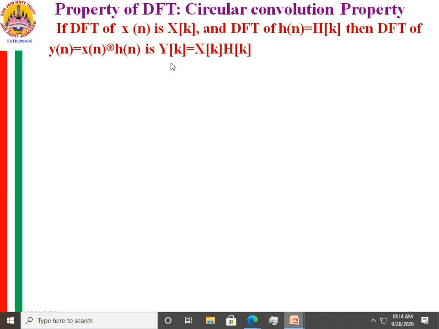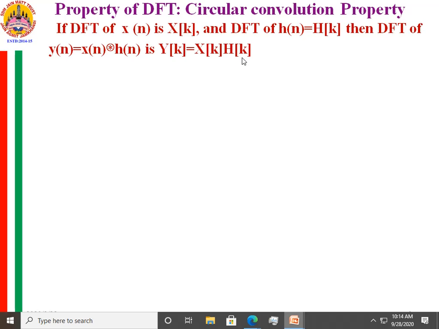by means of DFT, how it has come into DFT. So in DFT, if x of n has DFT X of k and h of n has DFT H of k, then the DFT of y of n, the output sequence, which is a circular convolution between x of n and h of n, is Y of k equal to X of k into H of k.